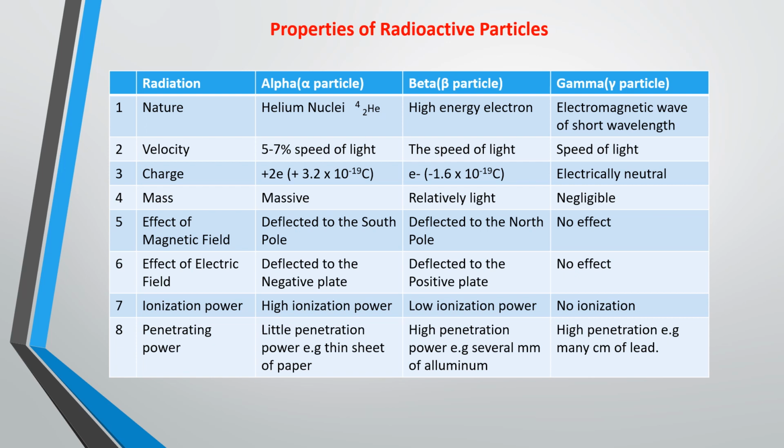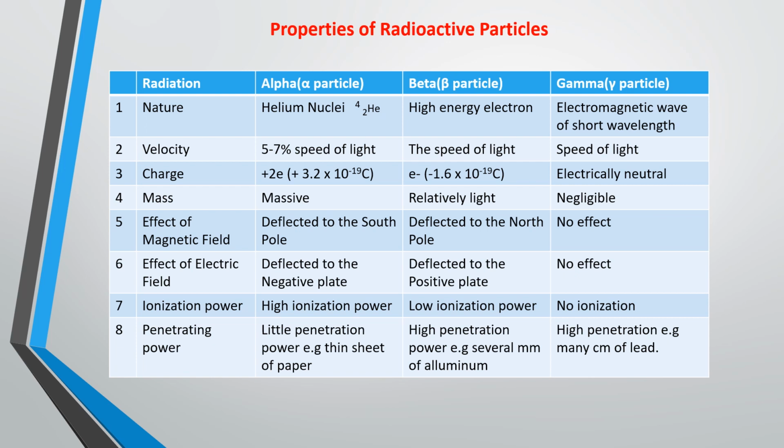Ionization power: alpha particles high ionization, beta low ionization, and then gamma rays no ionization. Penetrating power: alpha particles have small penetrating power and they can penetrate through a thin sheet of paper, while beta particles penetrate through several millimeters of aluminium.